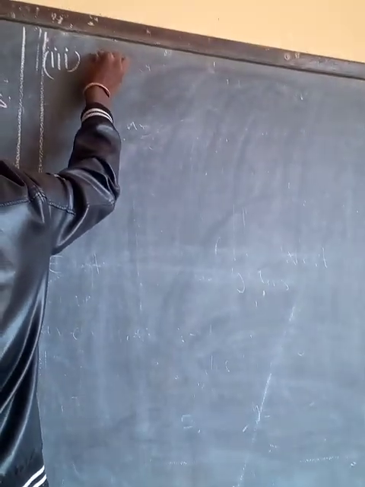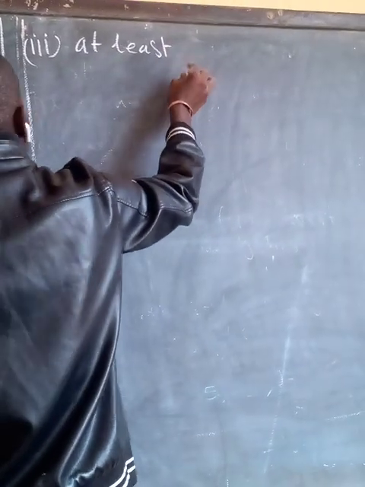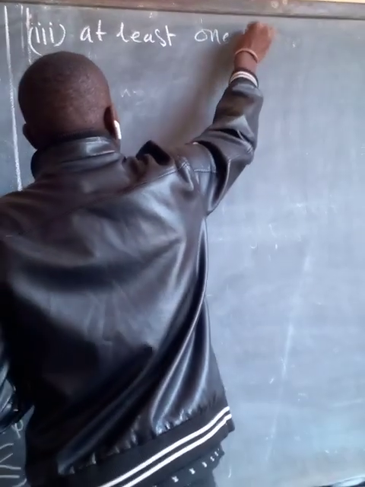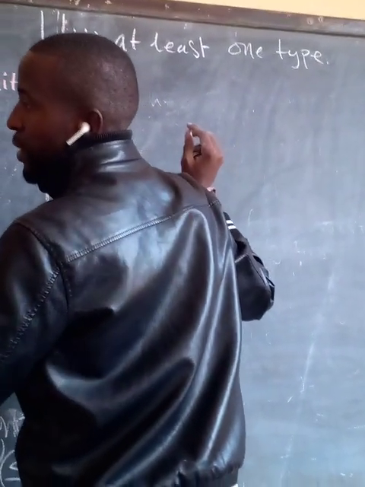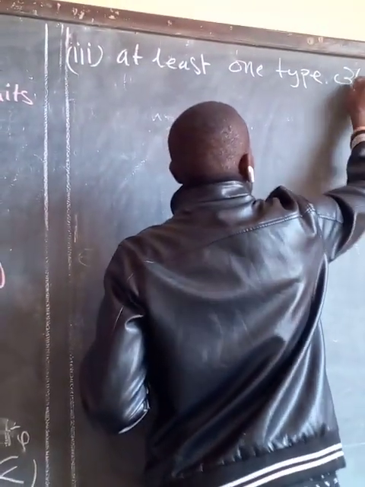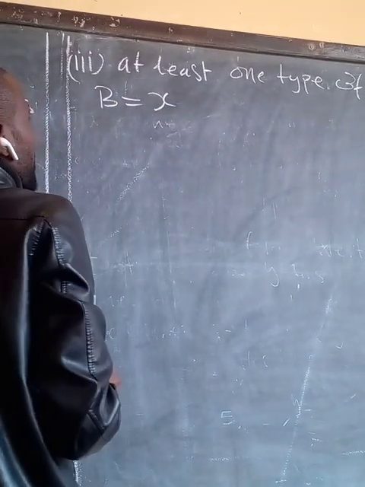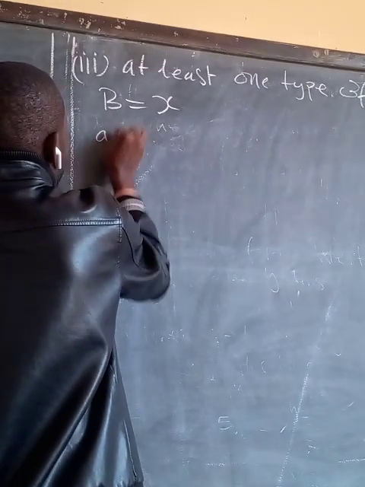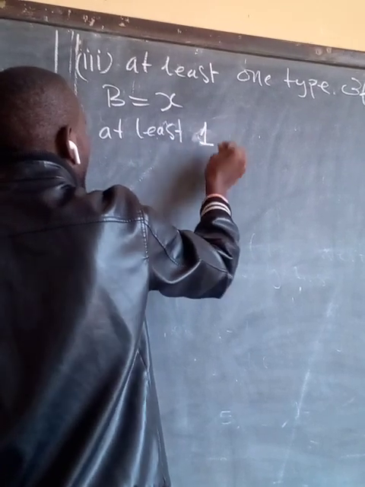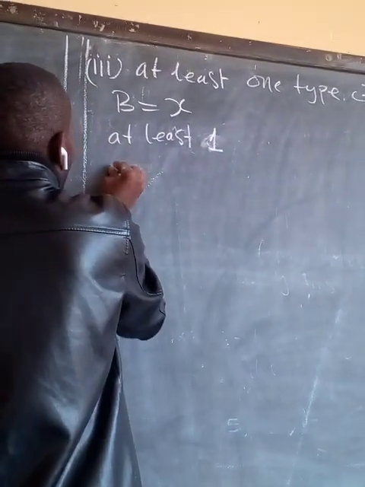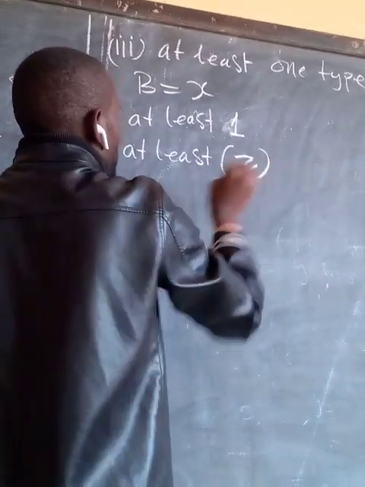At least, so this person wants to buy at least 1 type of B. And we know that this person wants to buy at least one type. So one we can write as the number 1. And we know that at least can be represented by the symbol greater or equal to.